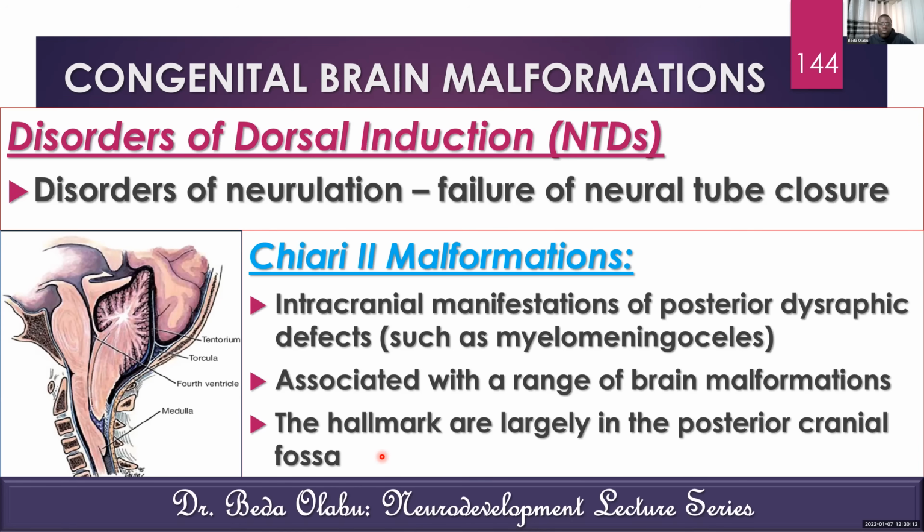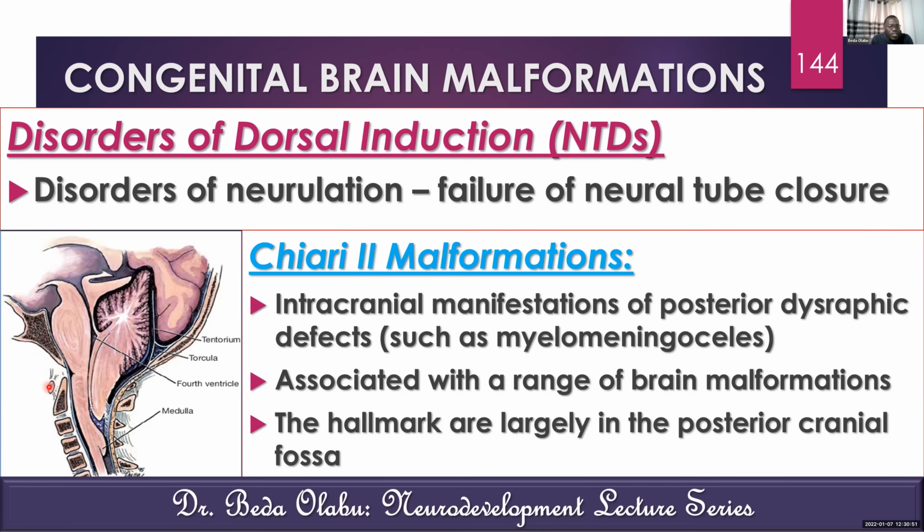So what are some of these manifestations? This image tries to capture some of the malformations, some of the manifestations that I want you to pick on in Chiari 2 anomaly. Look at the position of the foramen magnum. So this is the basilar bone up to that end. That's the occipital bone up to there. So from there to there is foramen magnum.